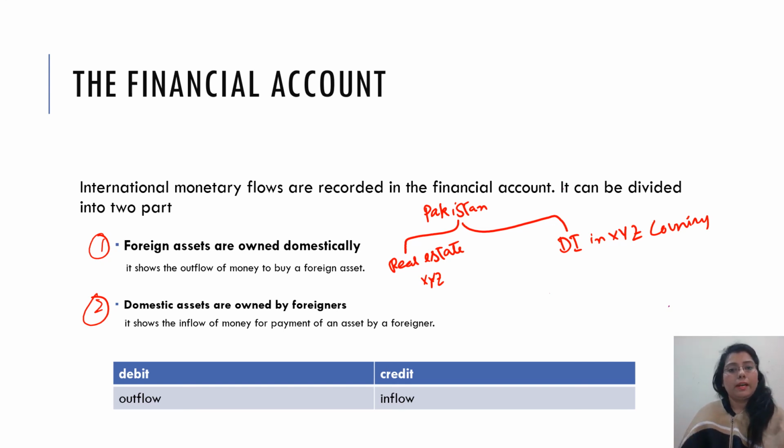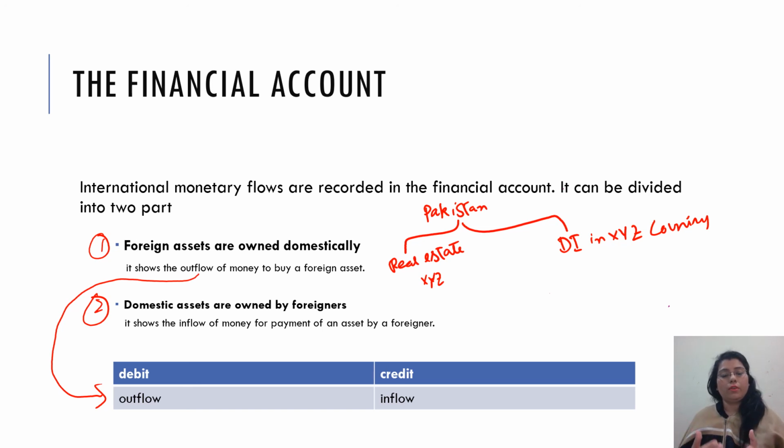So that outflow will be recorded as a debit entry. On the other hand, when foreigners invest in our country, like in our real estate, or they do direct investment or a business venture in our country, the money will come into our country and that inflow will be recorded as a credit entry.